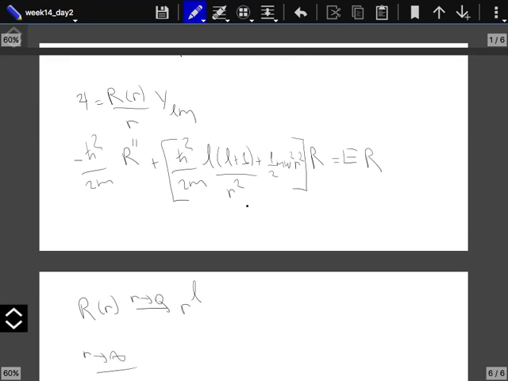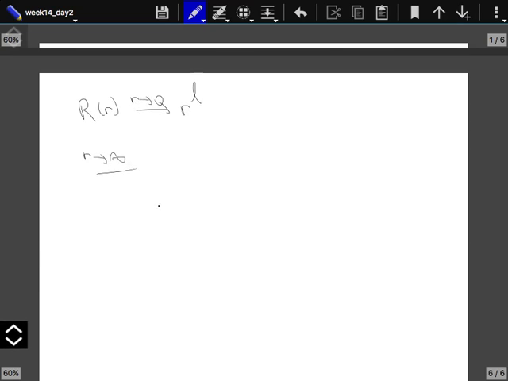Now you see, when r goes to infinity, this term basically goes to 0, so we can just ignore that term. When r goes to infinity, this term becomes infinitely large, and hence the energy we can just ignore. So our radial function at infinity should satisfy this equation.